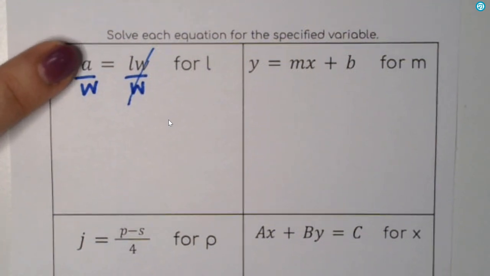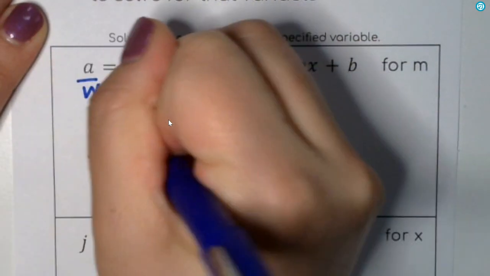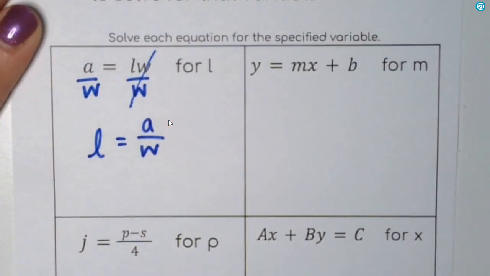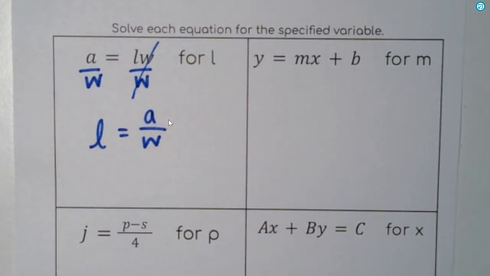We are left with A over W equals L. We always want it to be the letter we're solving for equals, so I'm going to flip that around and write L equals A over W. So all I'm doing there is dividing both sides by W because the opposite operation of multiplication is division. So in that one, it's just one step.